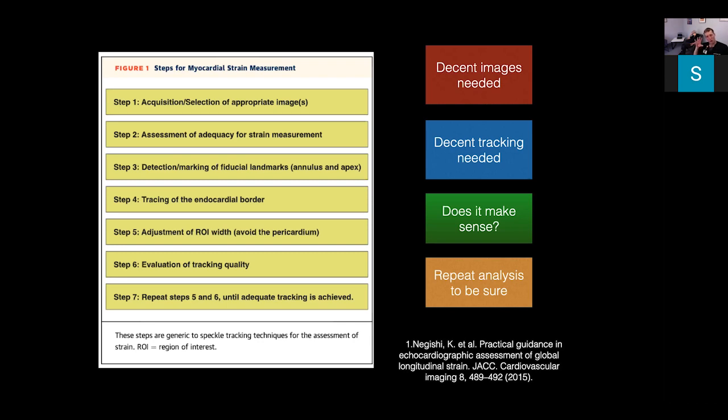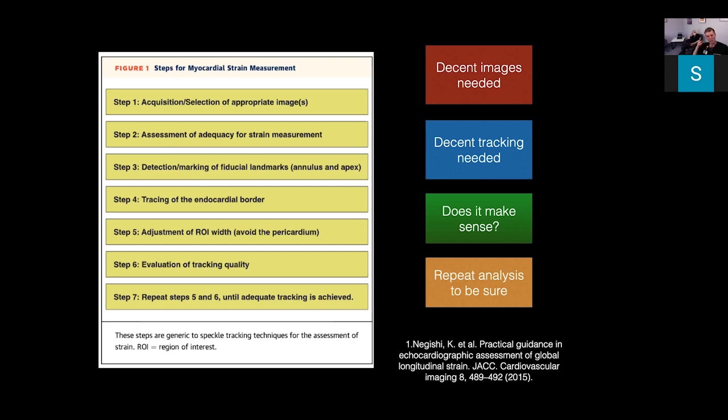But if you've got both of those, if you think you've got okay images, once you've painted the myocardium and you watch those speckles move towards each other, you think it looks okay, then you can move on to having a look at the curves, right? When we look at the curves, you've got to think, does it make sense? When I look at a heart, does it look normal, mild, or moderately or severely abnormal?